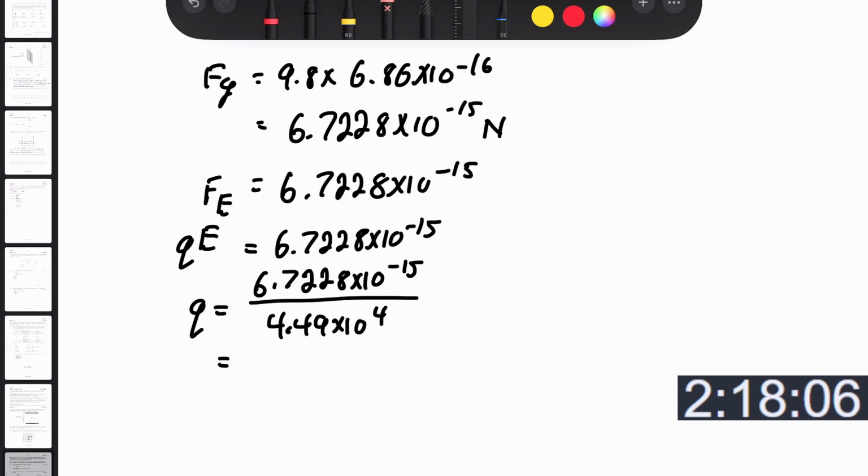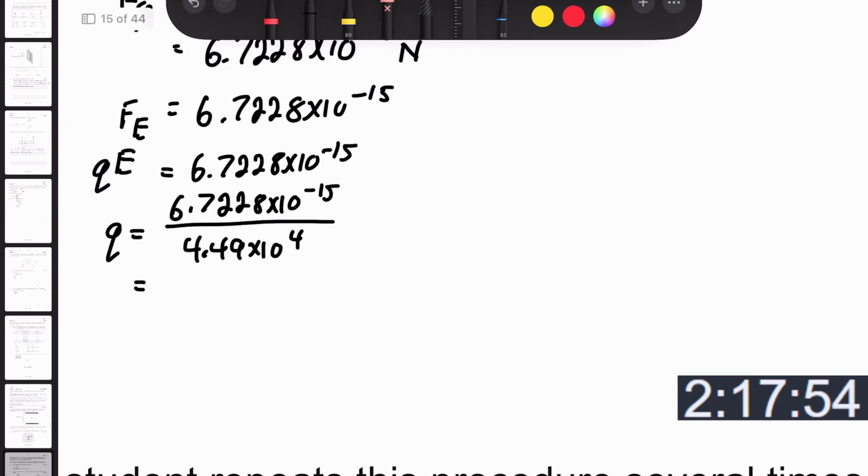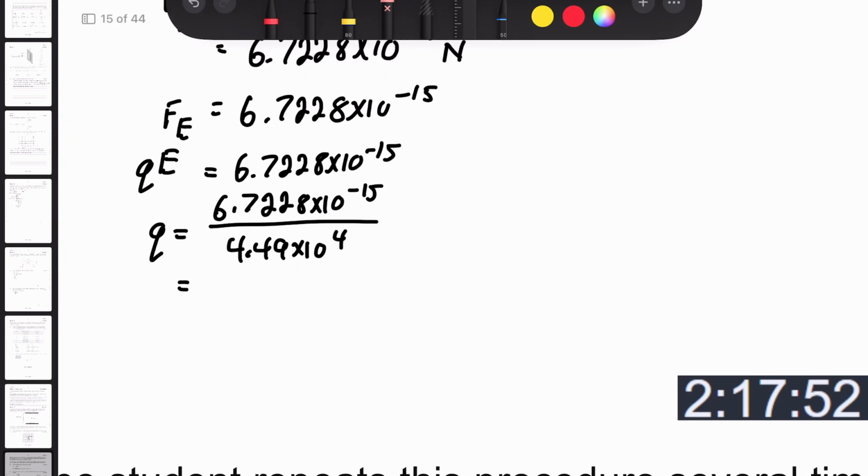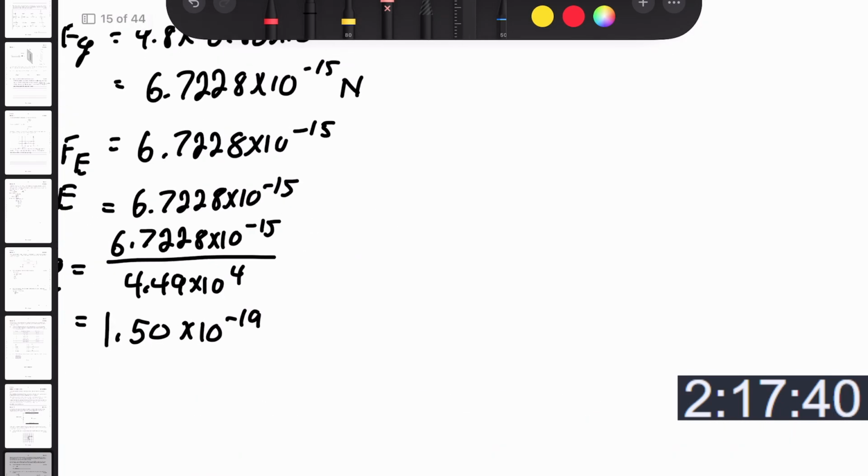Looks like we only have a few electrons, because 10 to the negative 15 divided by 10 to the power of 4 is going to be 10 to the negative 19. So this is 1.4 or 1.5 times 10 to the negative 19 coulombs.